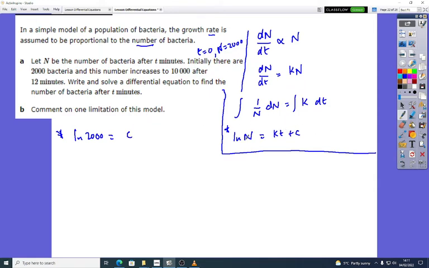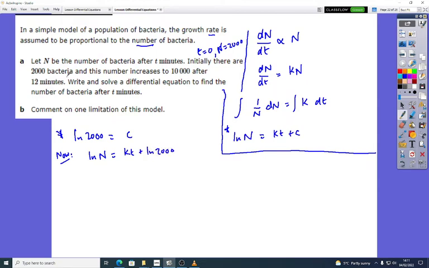So c is equal to ln of 2,000. So now you can write ln of n is equal to kt plus ln of 2,000.